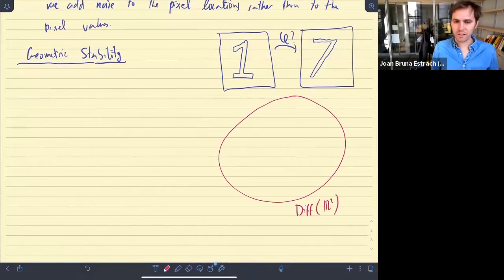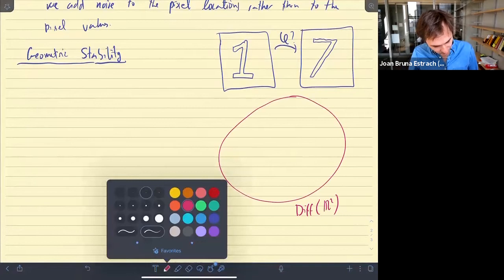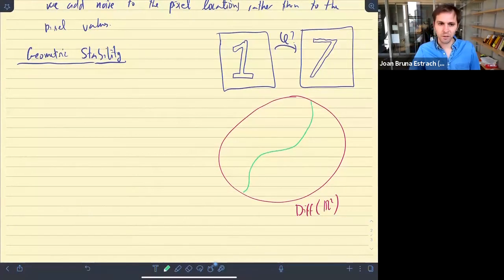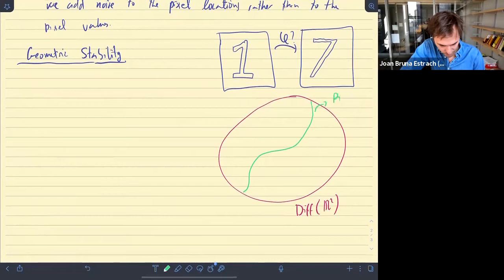That's basically parameterized by all the mappings from R2 to R2 that are invertible and smooth. There's a lot. And in the middle, lurking there, there's a very tiny submanifold that is just all those mappings that are affine. This is like the Euclidean group, or the rigid group.